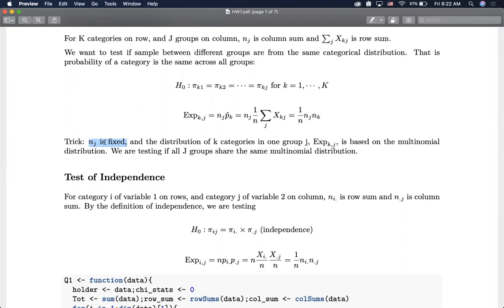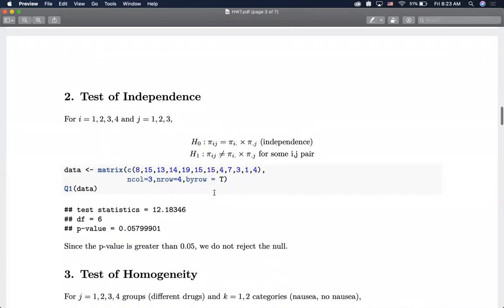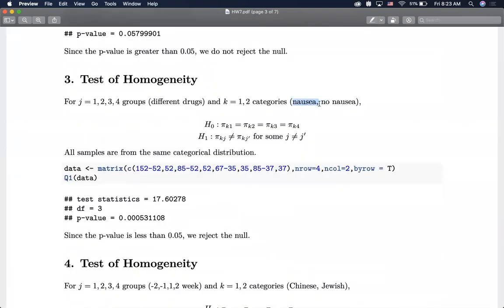So that means nj is fixed, and the second column of that table gives you the number of nausea. You have to subtract that from the total, and that will be the category in the other group. Note that n sub j is fixed for each drug group here.